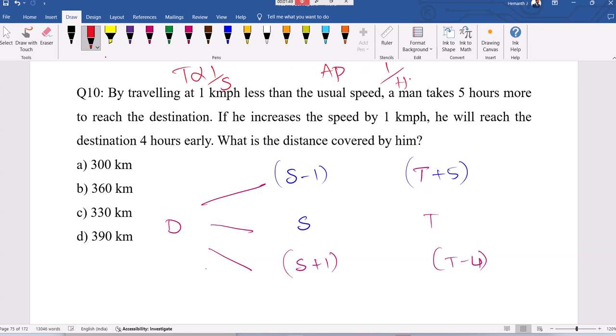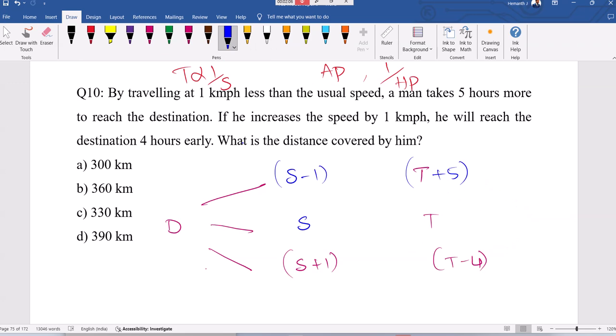So what we can do: this is in AP only, I can say minus 1, 0, 1 in AP. Then the timings must be in HP.